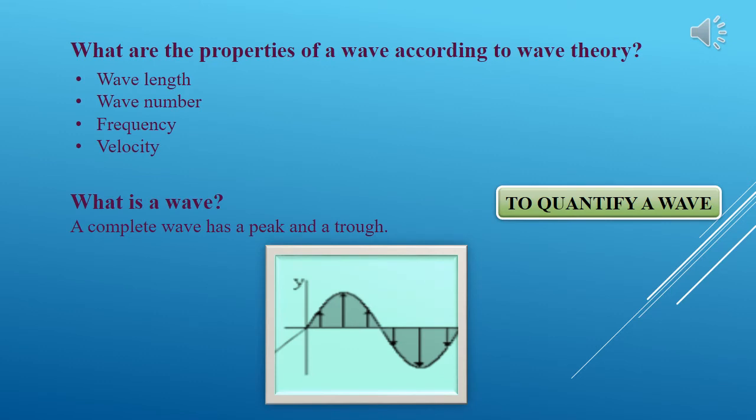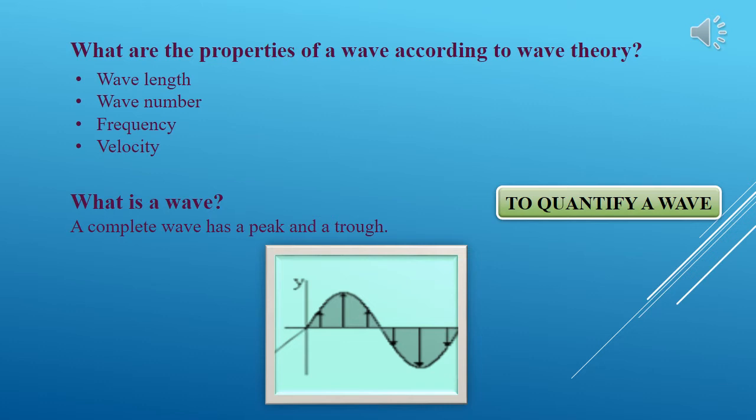What are the properties of a wave according to wave theory? Wavelength, wave number, frequency, velocity. These are wave properties as per wave theory. First, what is a wave?